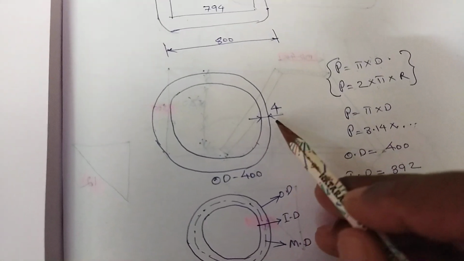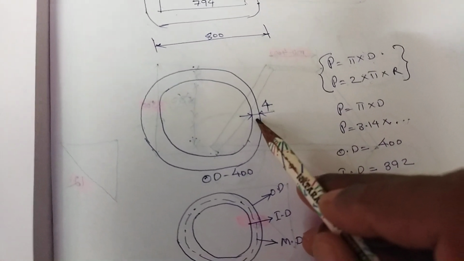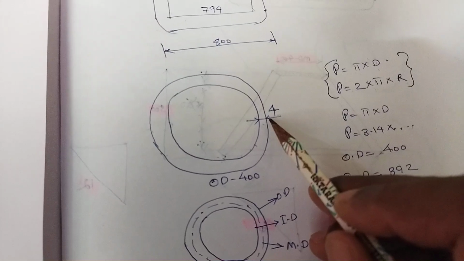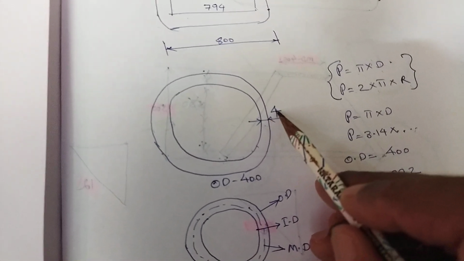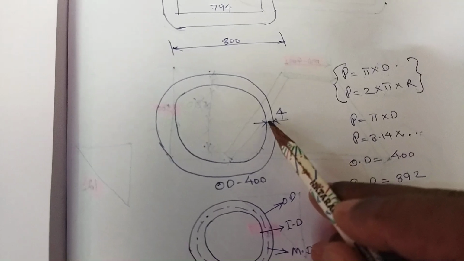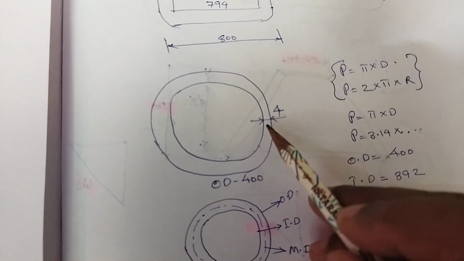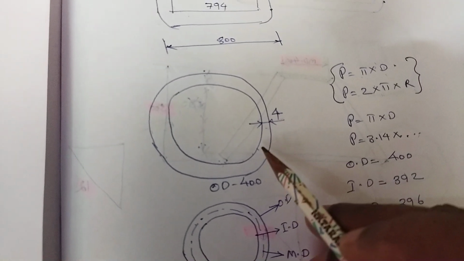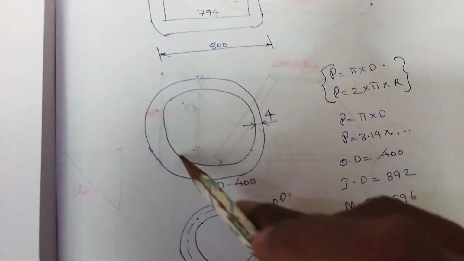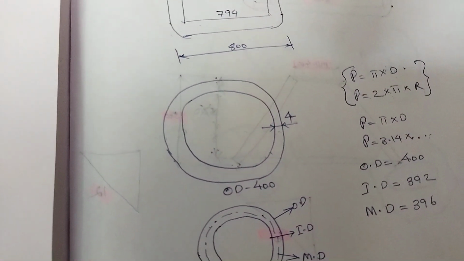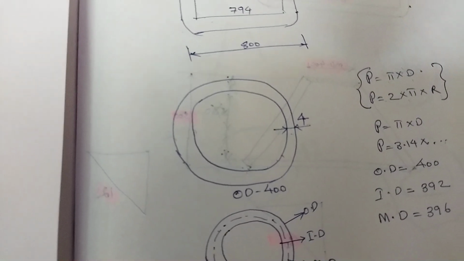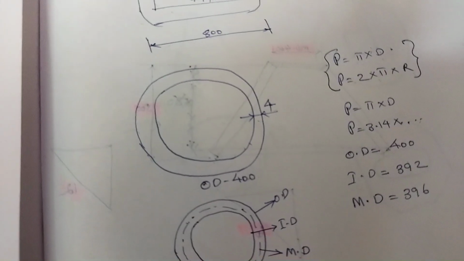In between these 4 mm, at the proper center, the measurement is 2 mm. In that 2 mm area, one round is made, and whichever material is there, it won't change during rolling.